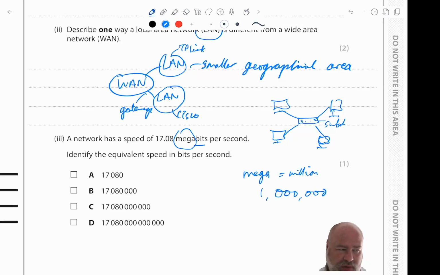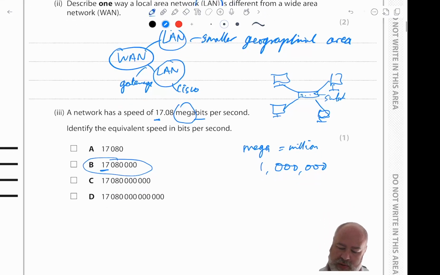As long as you know that, it should be easier. We've got the 17 here, and then we've got the 6 zeros. That's the way I remember it anyway. Mega is a million. And network speed's always measured in bits per second, not bytes. So we might get a speed question later, we'll see.